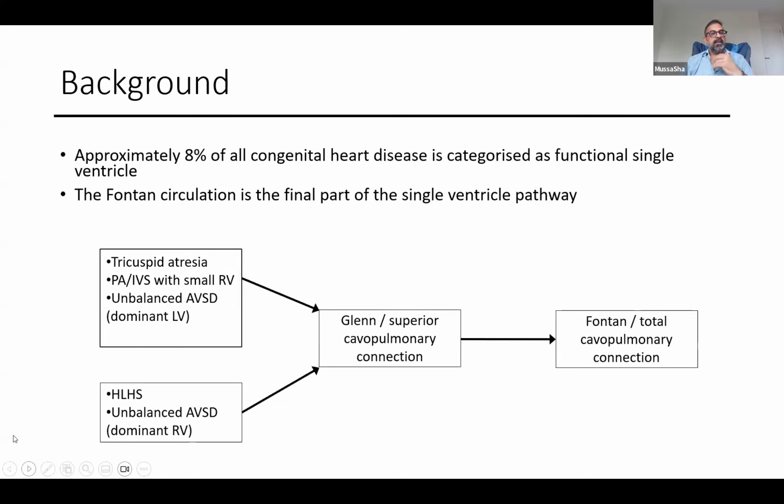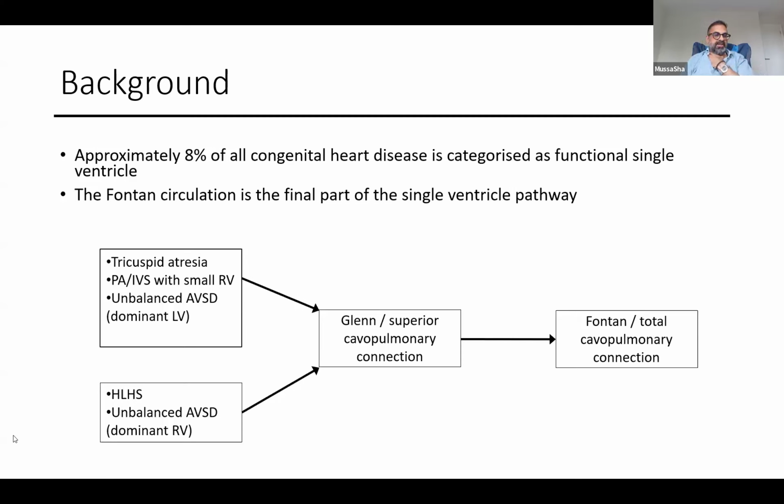I think single ventricle work, and this is what the Fontan circulation is all about. About 8% of all congenital heart disease is categorized as single ventricle. And the Fontan circulation is the final part of the single ventricle pathway, which is depicted in the flow chart here.